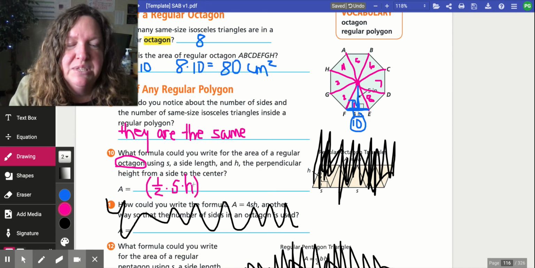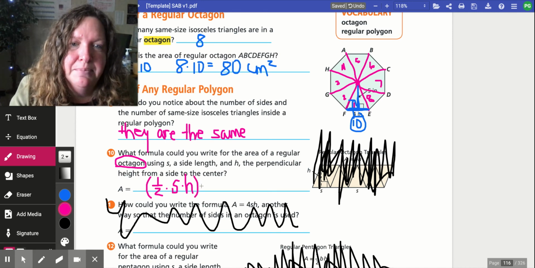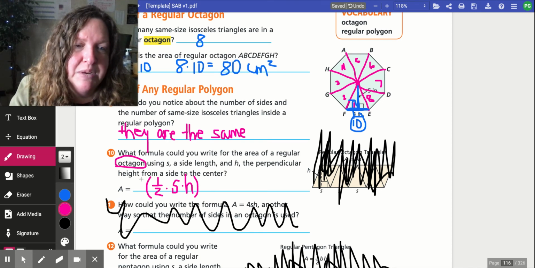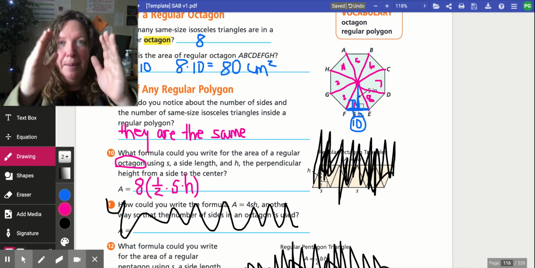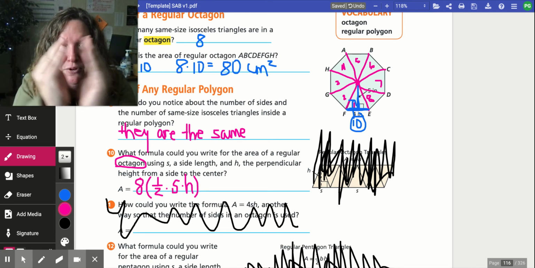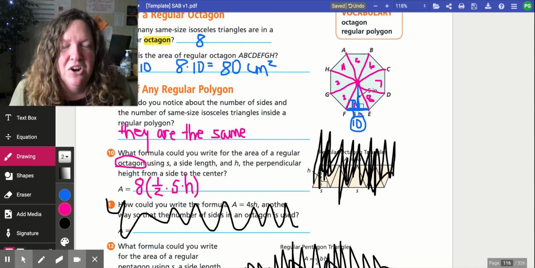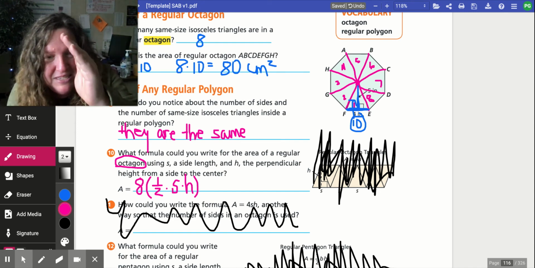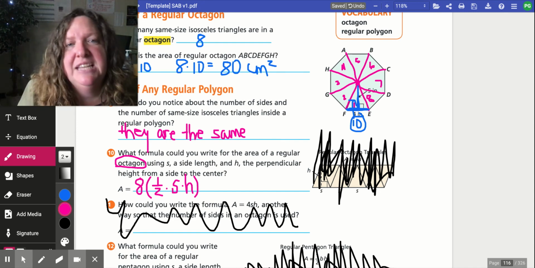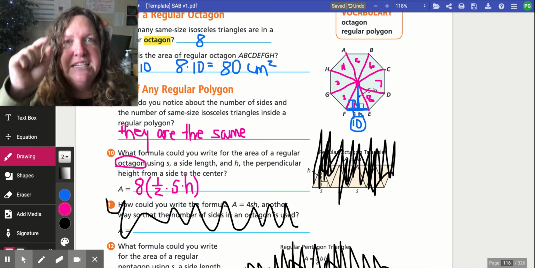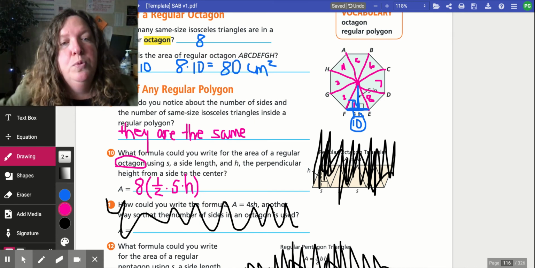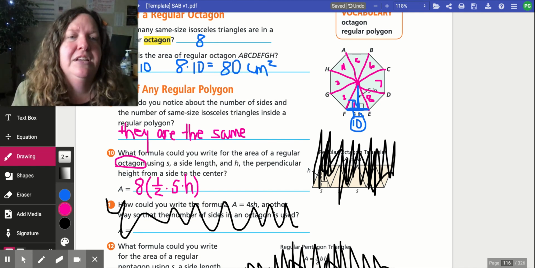And then we're going to say times 8 groups. We need 8 groups of that. Remember, when a number and a parenthesis are right next to each other, there's an imaginary multiplication sign in there. So 8 parenthesis, a half times the side times the height, means 8 times that, 8 groups of that. So there is the formula.